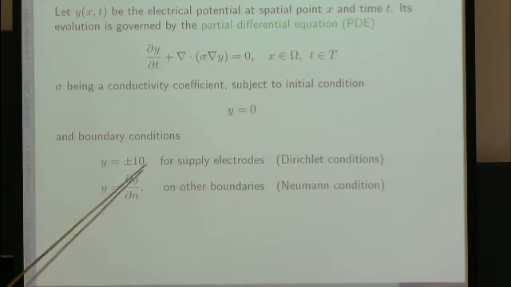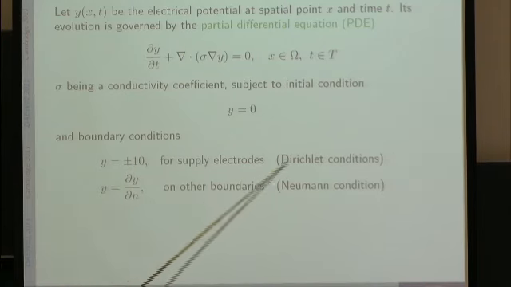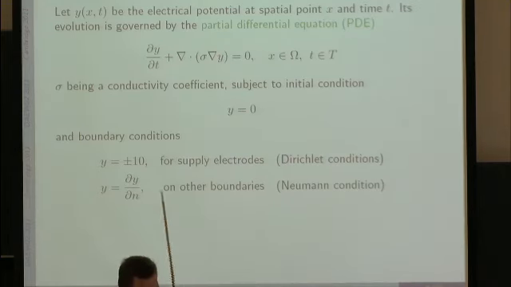Within the areas contiguous to the supply electrodes, we have voltage, so we have the Dirichlet conditions, and the Neumann conditions on other boundaries. The model, in a way, is a sophisticated one.